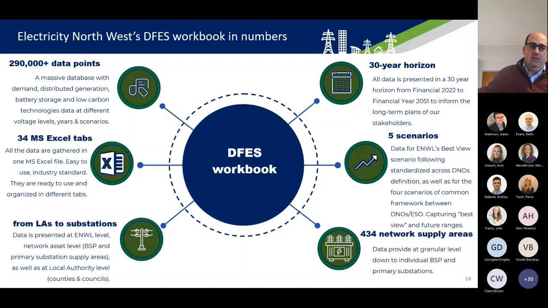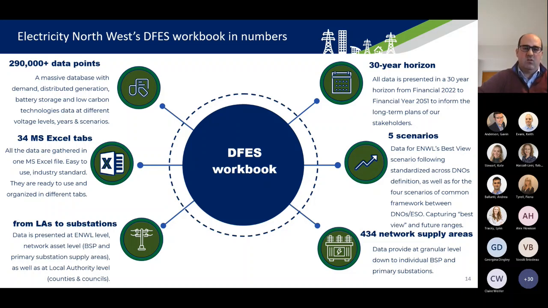So we talk about a really large data workbook where we publish our forecasts. You can see the numbers here. It's nearly 300,000 data points. It's 34 different data sets that are presented in individual tabs on a Microsoft Excel spreadsheet. The resolution, as I said, goes to different levels, so you can find information per local authority, per council.